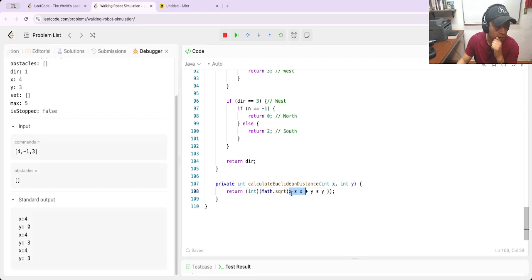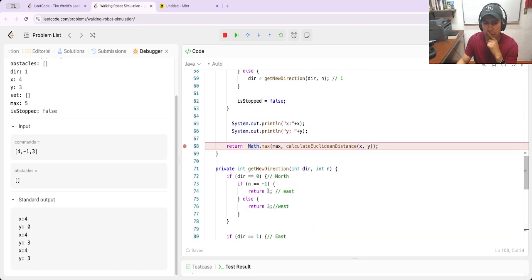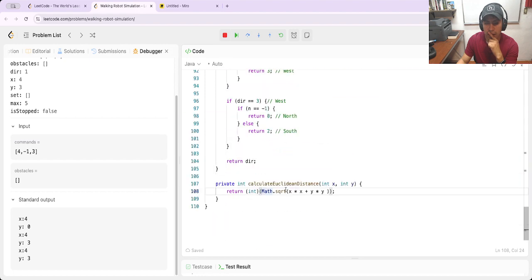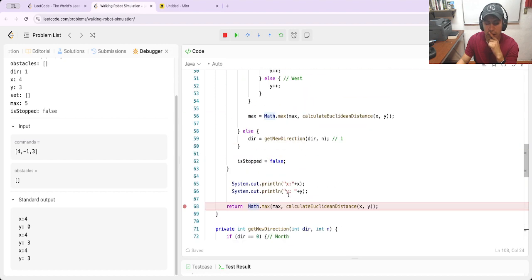Here 4 multiplied is 16, plus 9, 25. Let me convert this to max.